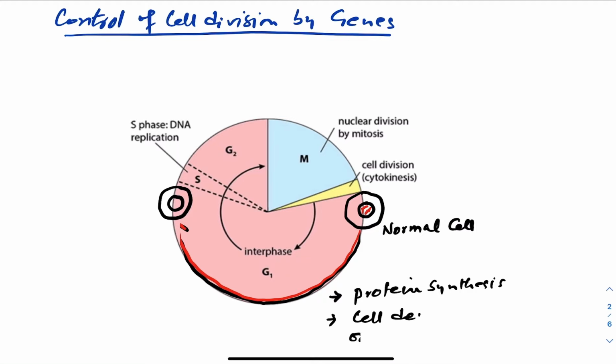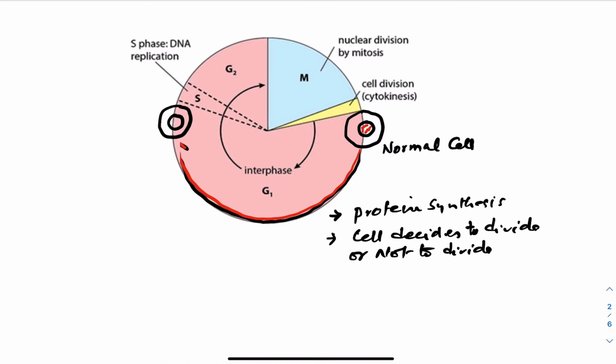The cell decides to divide or not to divide. If this cell has decided not to divide, it is rested in a quiescence phase, which is known as G0. But if it decides to undergo cell division, it grows in size, passes through G1 phase, and synthesizes proteins.